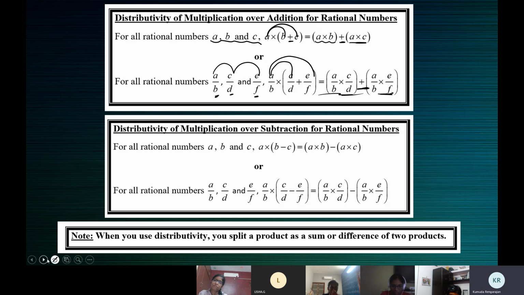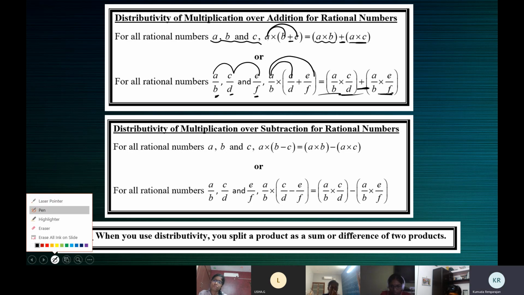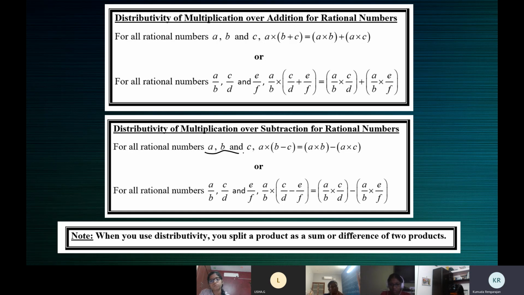Same thing for subtraction. You will see that when we have three rational numbers A, B, and C, A into B minus C. Here we have B plus C, so here B minus C. See, here we have multiplication with addition. Here we have multiplication with subtraction.